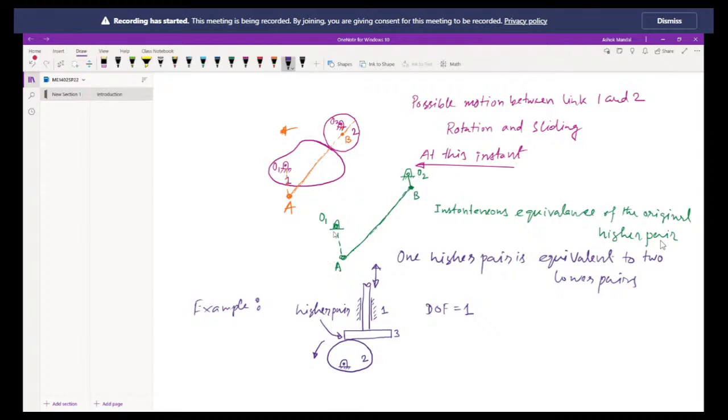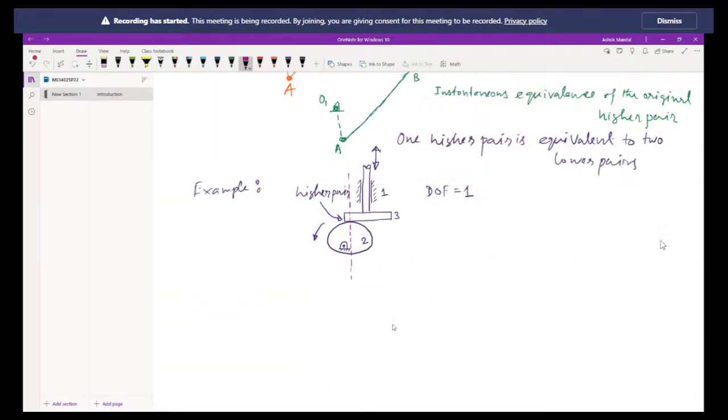So let us do the same thing here. First we need to draw the common normal at the contact point. The common normal for this case is this one, right?